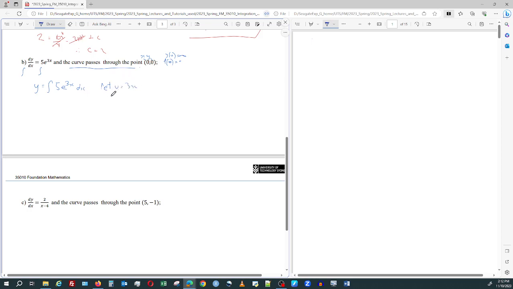The integration, so stay in the column. du dx will be equal to 3. So 1/3 du will be equal to dx.